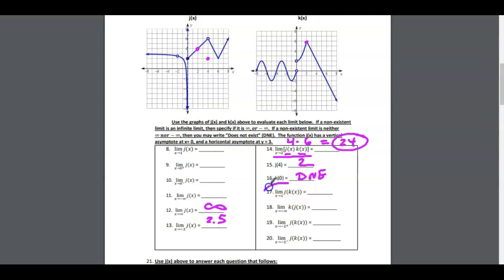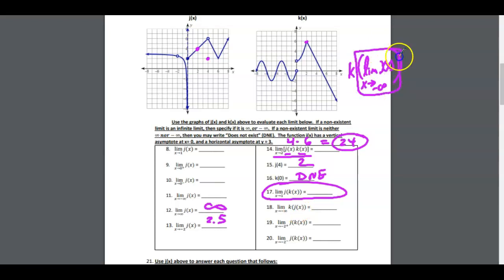Now as for these guys, you got to remember how to do it. What you do basically is you start by moving the limit to the inside function. So it's going to be k of the limit as x approaches negative infinity of j of x.